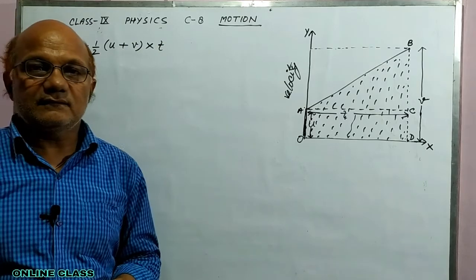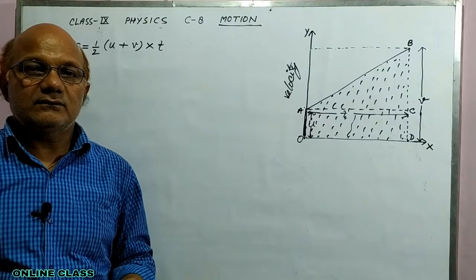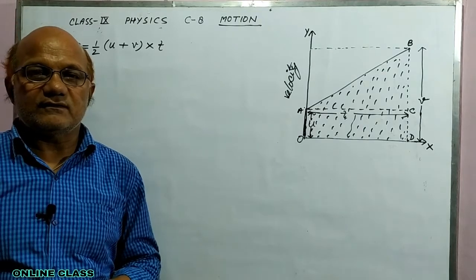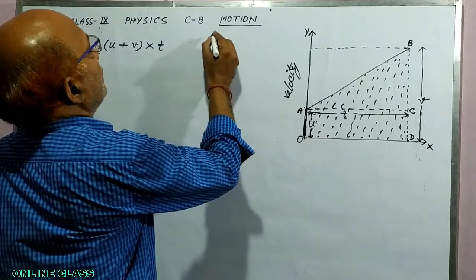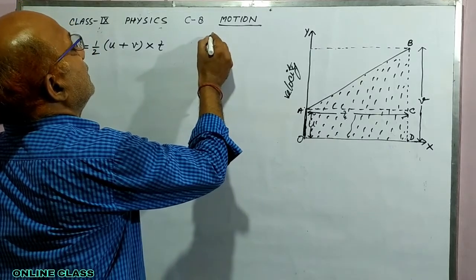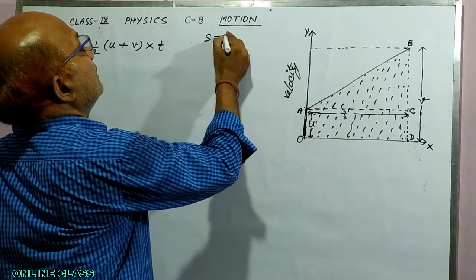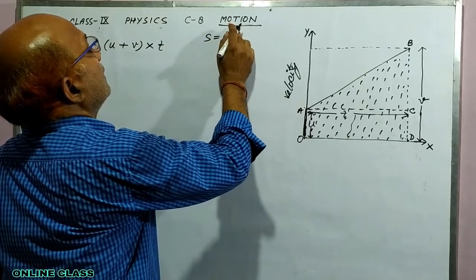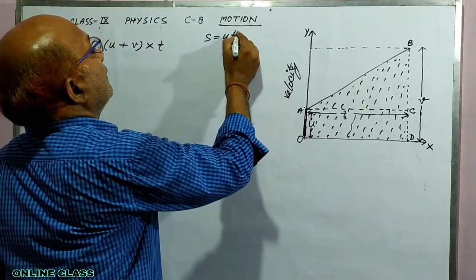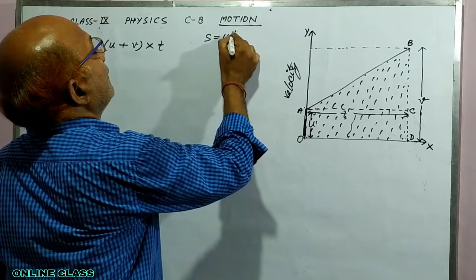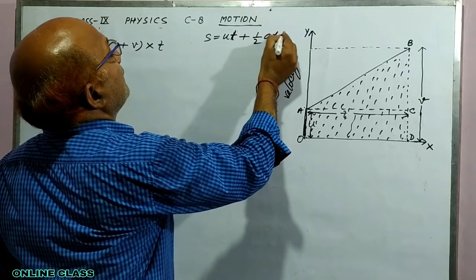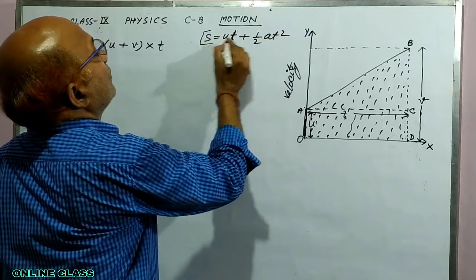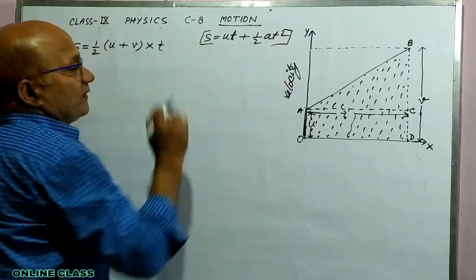In the last class, I had told you three equations of motion, and the second equation of motion was S equal to ut plus half at square. We have to prove this equation.